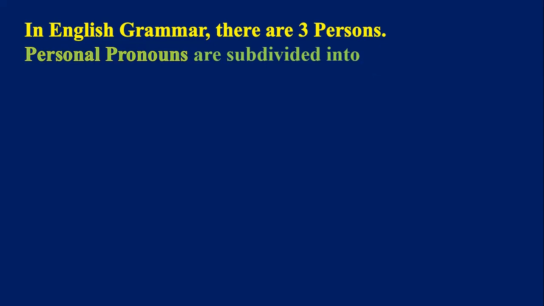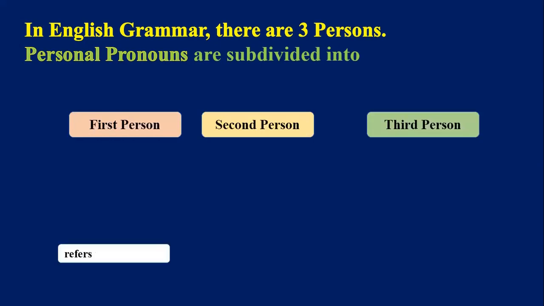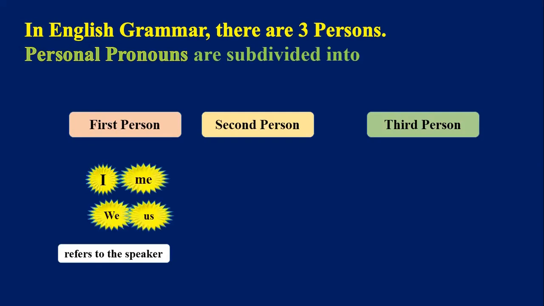And all the personal pronouns can be subdivided into these three persons, which are first person, second person, and third person. The first person refers to the speaker, and the pronouns that represent the first person are I, me, we, and us. The pronouns I and me replace singular nouns, whereas the pronouns we and us replace plural nouns.